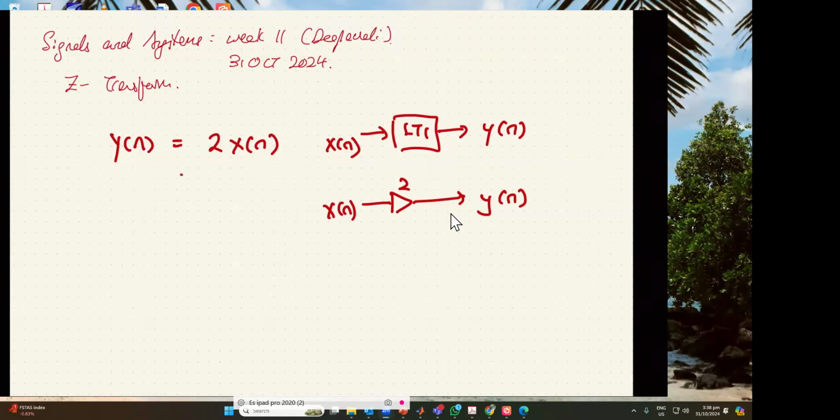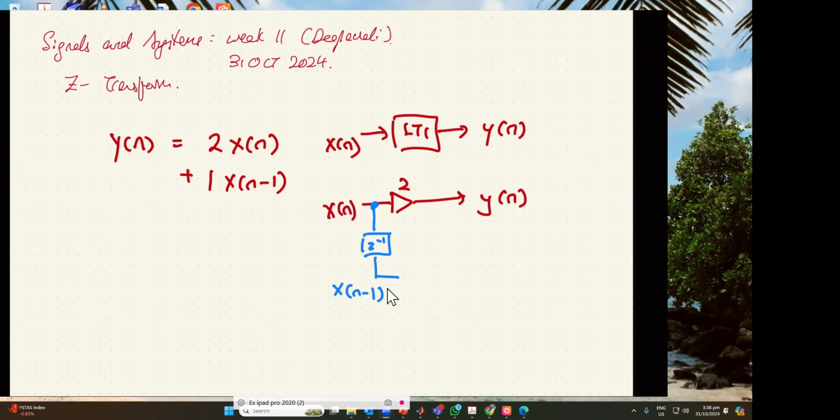Now if I ask you plus 1 x of n minus 1, what does x of n minus 1 mean? It basically means that I'm going to add to my output a delayed version of my input. So I will introduce a delayed version. This is the delay operator z minus 1. And here is x of n minus 1. How do you do it in a real circuit? Basically, it is a memory. You use a memory or a lookup table to delay your sequence.